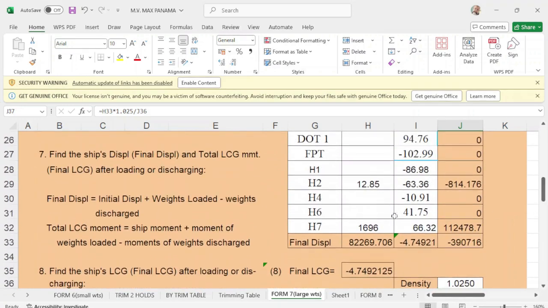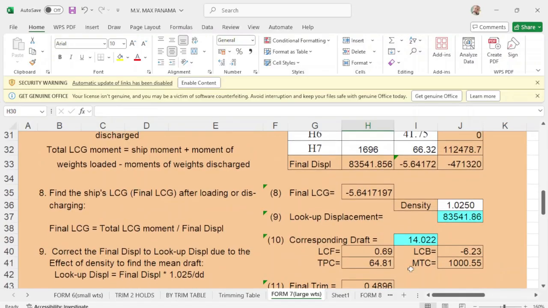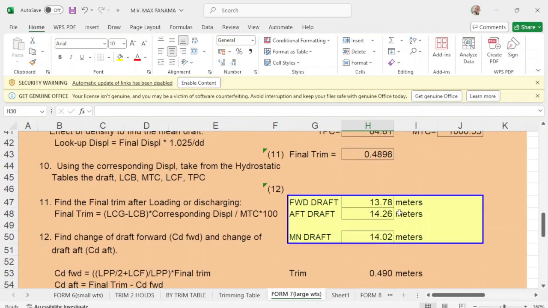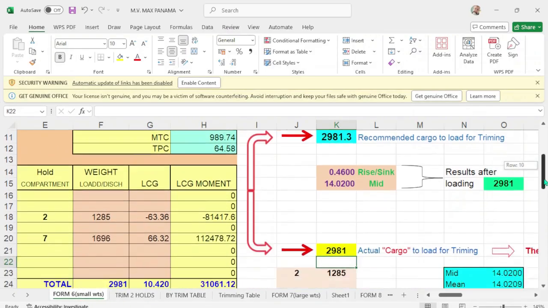Something wrong here. 1285. Okay. Then your mid drop will be 1402. And your forward and up drop would be forward 1378, which is almost the same here.